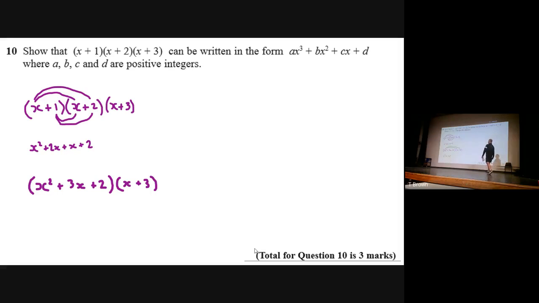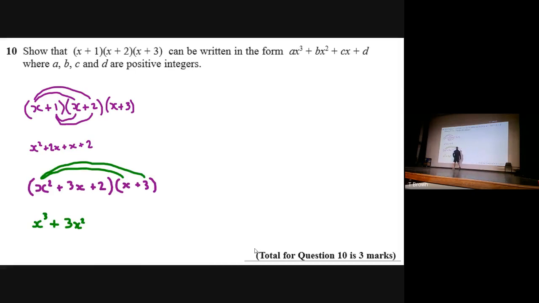So, have you multiplied them out? The first thing we're going to do is multiply the x squared by the x, and that gives us x cubed. We then multiply the x squared by the 3 to give us 3x squared.